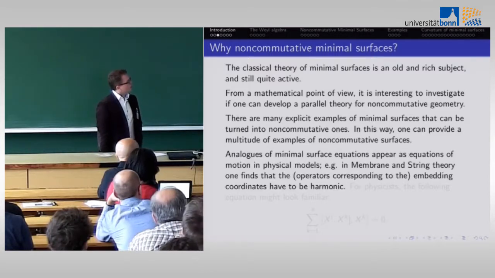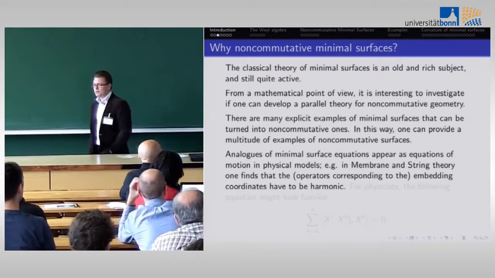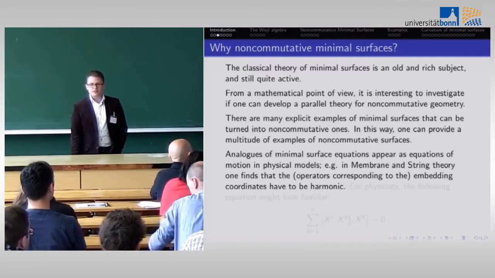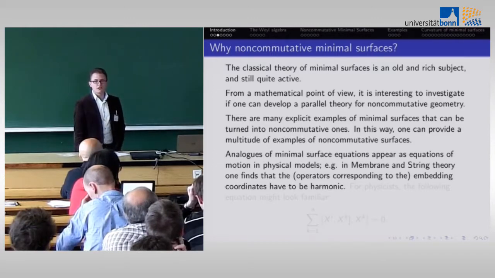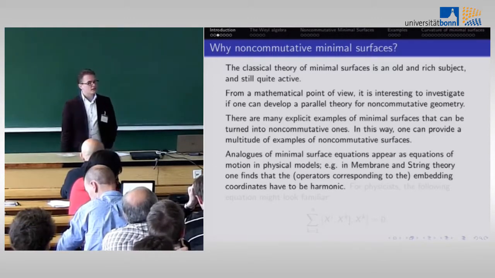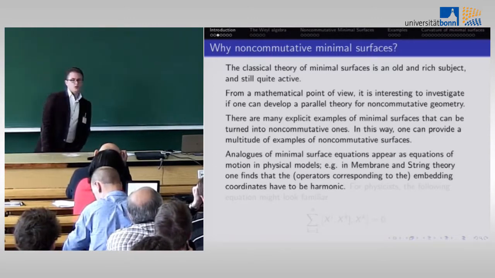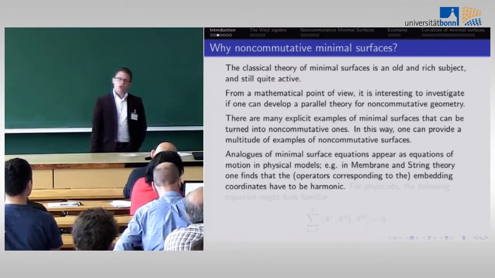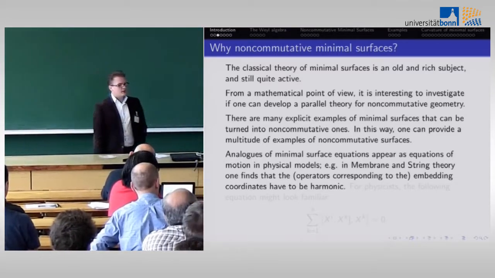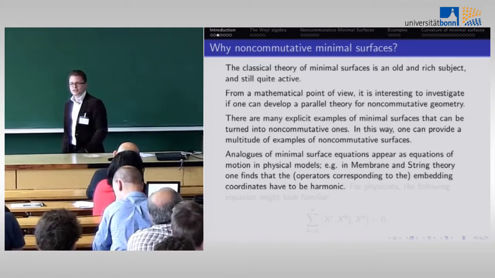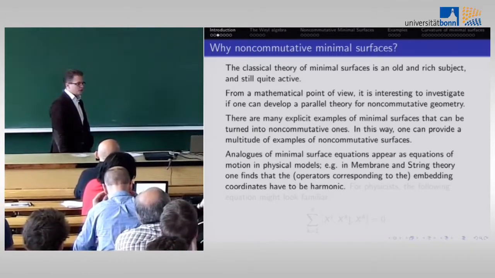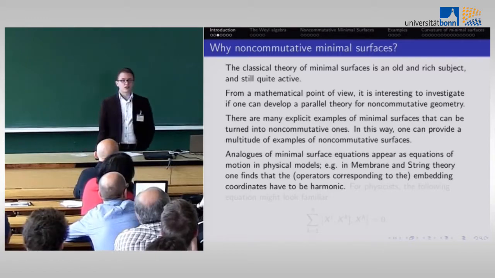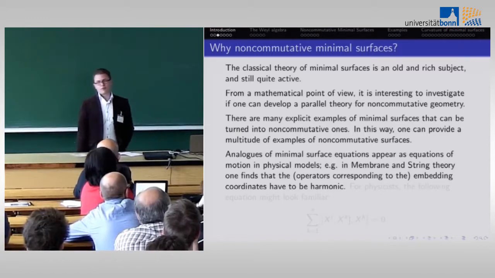Moreover, varying the area and looking for stationary points is very common in physics. For instance, membrane and string theory does this when you start out at a classical level. And equations that arise when you try to quantize these systems are non-commutative analogues of the Laplace operator.